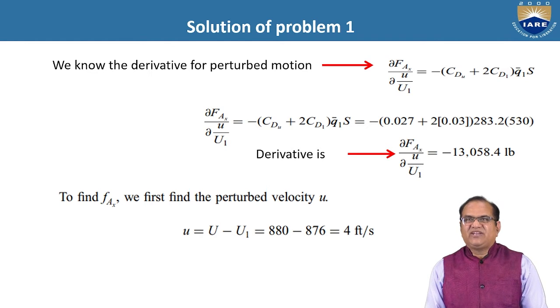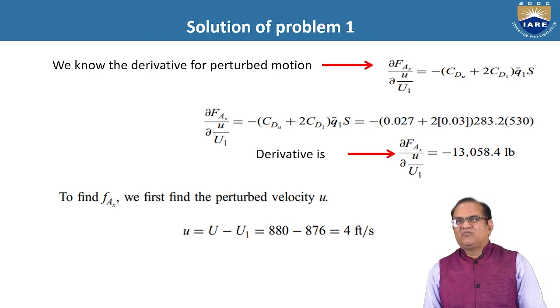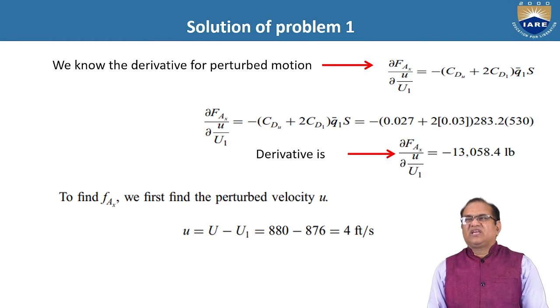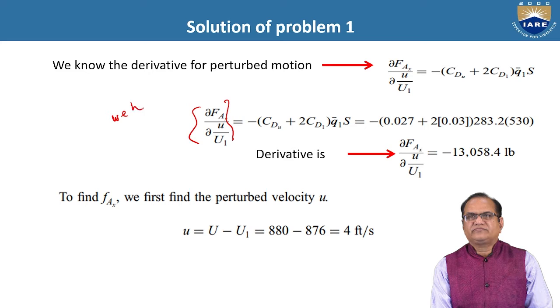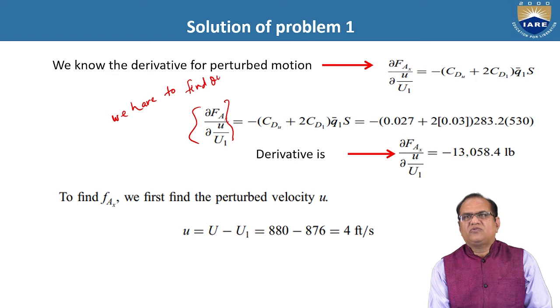We know the derivative for perturbed motion: dou FAX by dou u by u1 is equal to minus (CDU plus 2 CD1) Q1 into S. So this is the equation, and we have to find out this derivative.